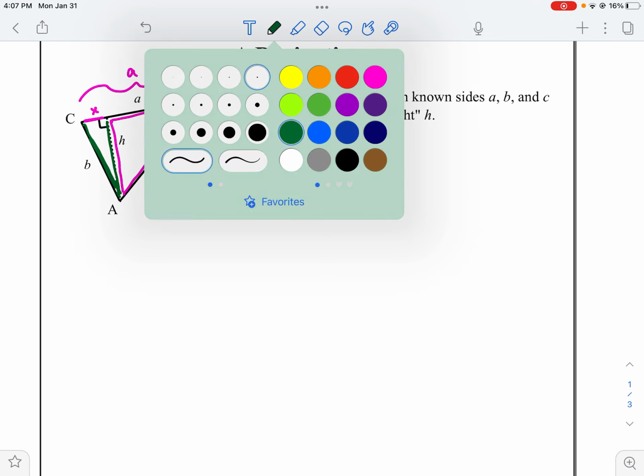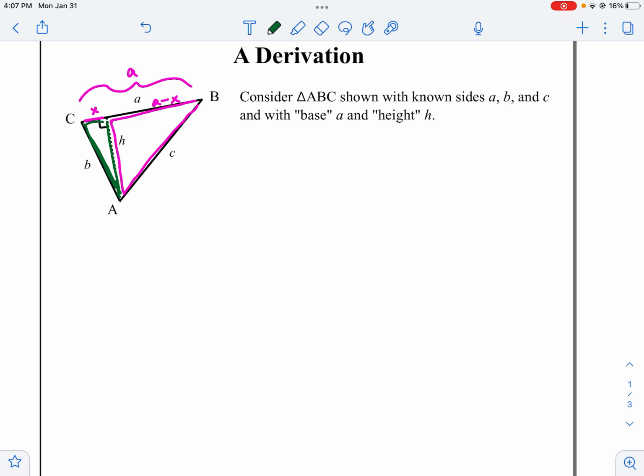Looking at the green triangle here, x squared plus h squared equals b squared, just good old Pythagorean theorem. And then if I look at that pink triangle, then I know that h squared plus (a minus x) squared equals c squared. So I can just write two different Pythagorean theorems there.